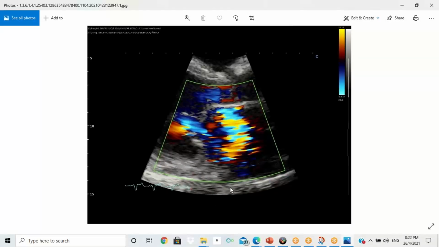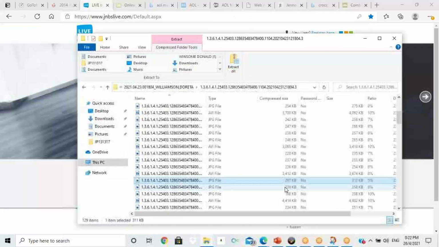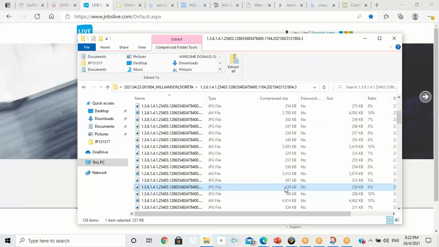So the color will tell you that there is mitral regurgitation. Then the next step is to quantify it, because you have moderate and severe. If the patient is symptomatic with severe mitral regurgitation, then that's an indication for mitral valve replacement or repair.